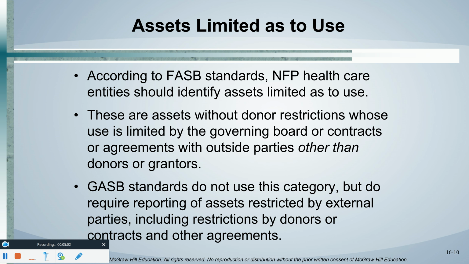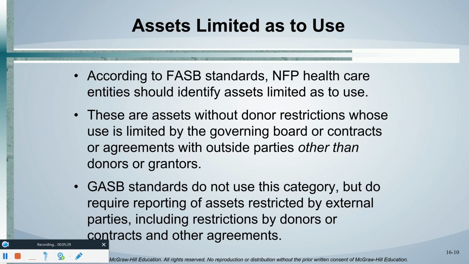This is going to be for private nonprofit healthcare organizations. Basically, this category, assets limited as to use, are assets without donor restrictions, so it's completely unrestricted. However, the use is limited by the governing board or contracts or agreements with outside parties.